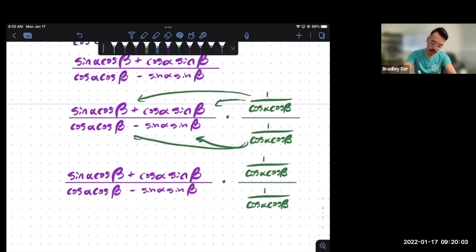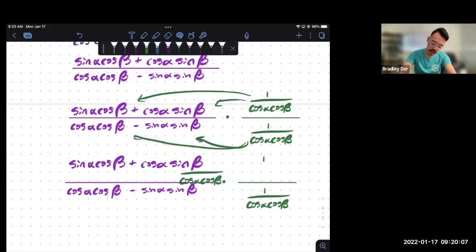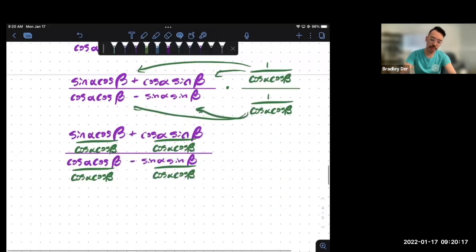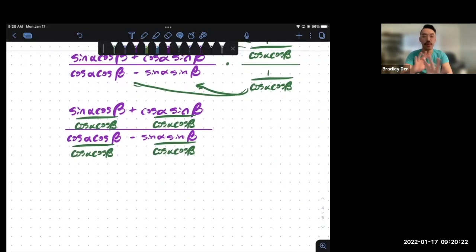Put that there, put this up here. This is getting distributed onto everything. Again, even more complex than the previous step, but things are about to get nicer.